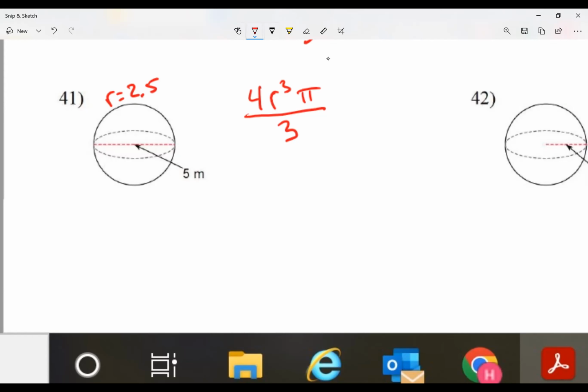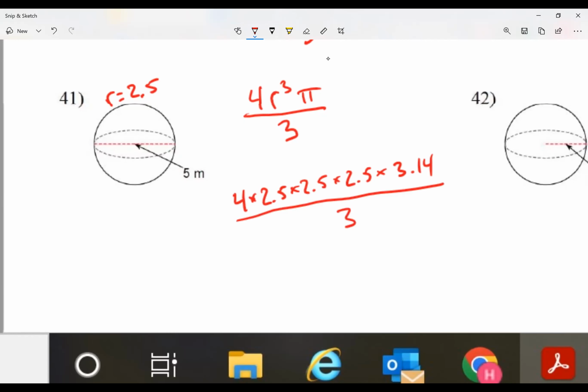So to find the volume of this sphere, I'm going to go 4 times 2.5 times 2.5 times 2.5 times 3.14, right? That's pi. And let me divide all of this by 3.